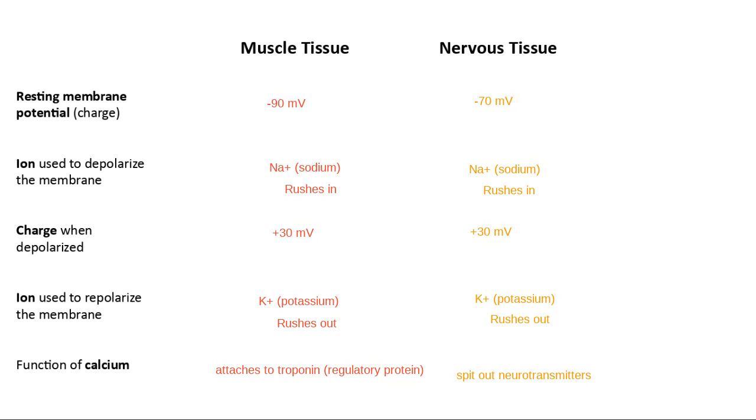When troponin is not attached to calcium, it's acting like a push pin and it's preventing the whole process of muscle contraction. When calcium attaches to troponin, troponin changes its shape, which means that it's no longer pinning into place tropomyosin, which is that spaghetti noodle that blocks myosin from attaching.